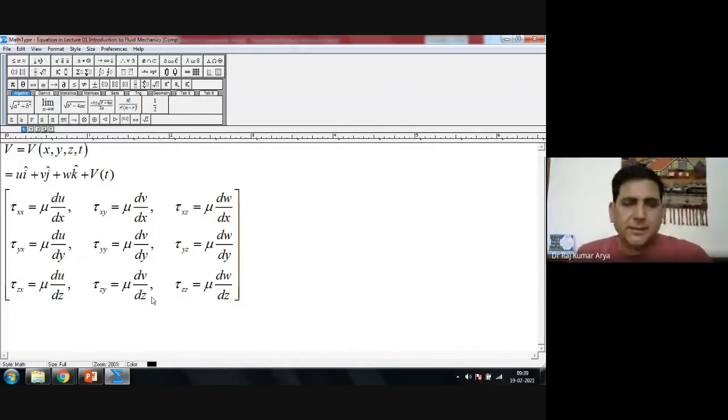Fine. So is it clear now how to define the shear stresses? It's always plane, then direction. So first one, tau xx, tau yx, tau zx, are all the stresses for the x plane.